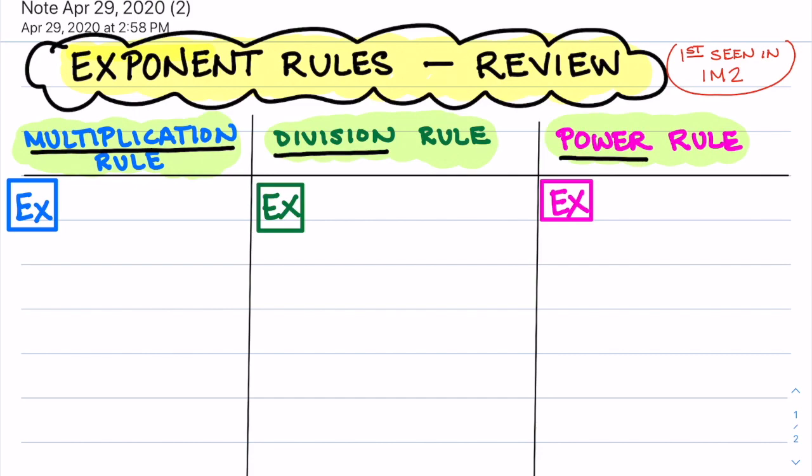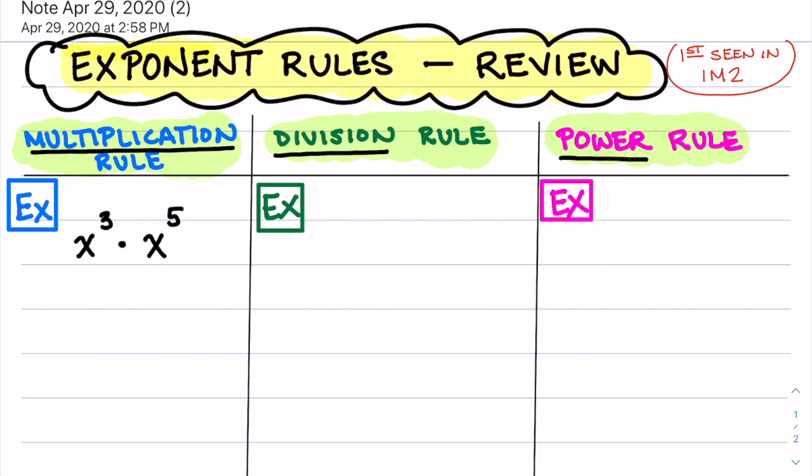So in the blue for multiplication rule, let's say that we had something like x to the third power times x to the fifth power. Okay, something along those lines.